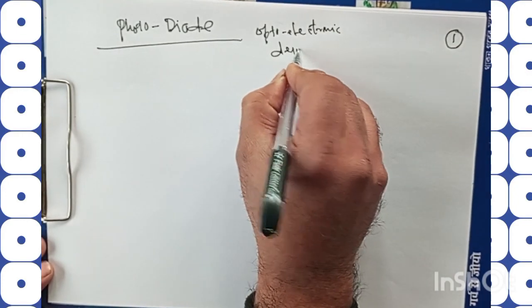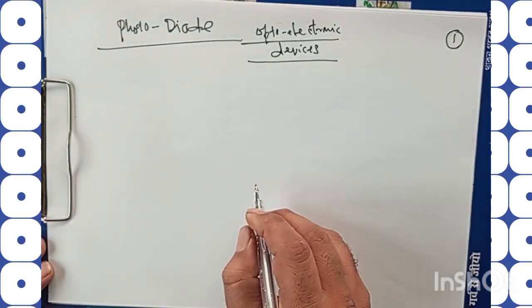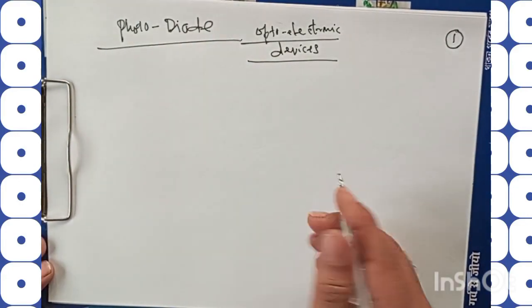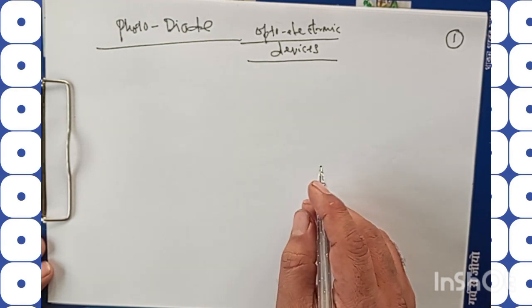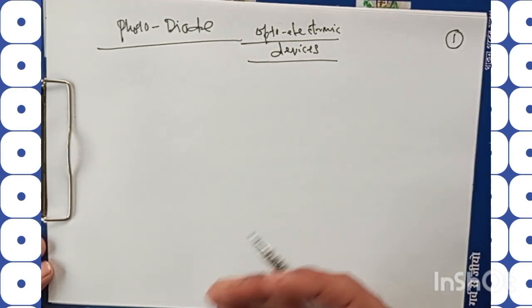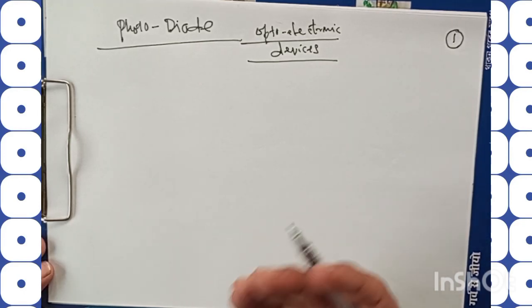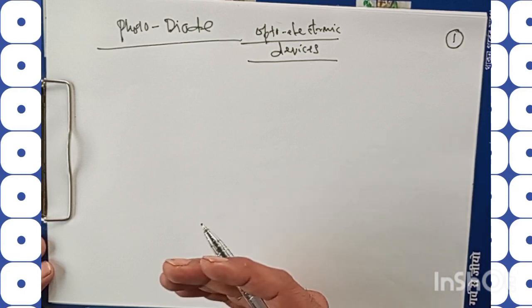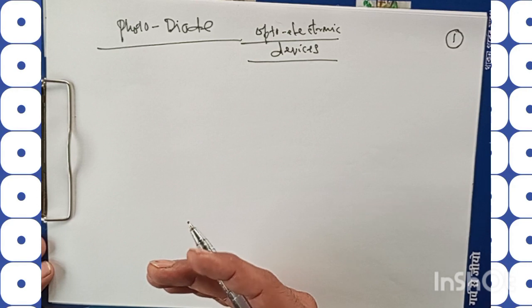So the point is that we allow the photons, we allow the light to fall on the junction of a PN junction, and there is generation of charge carriers, and this leads to optoelectronic junction devices.